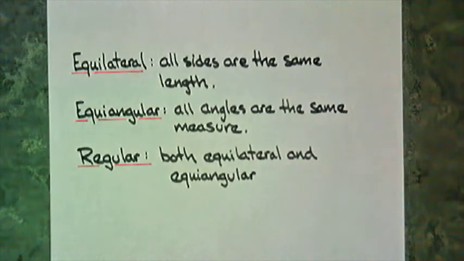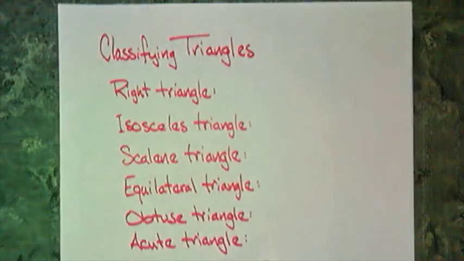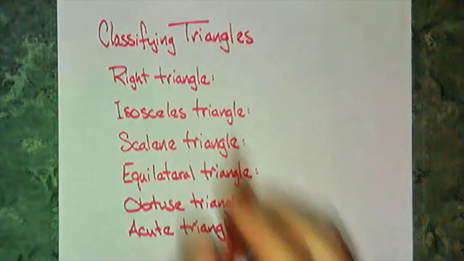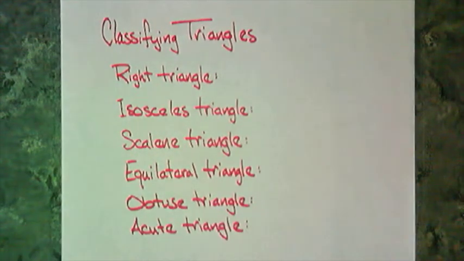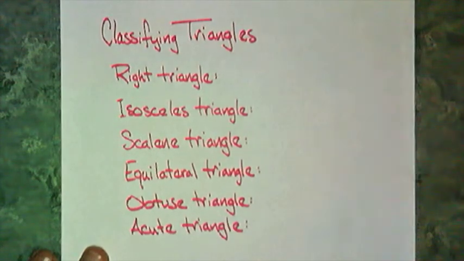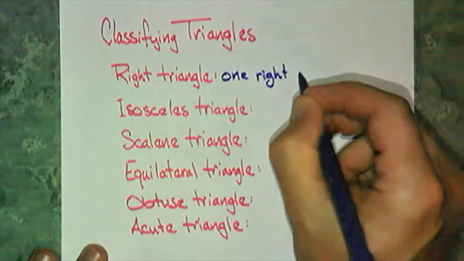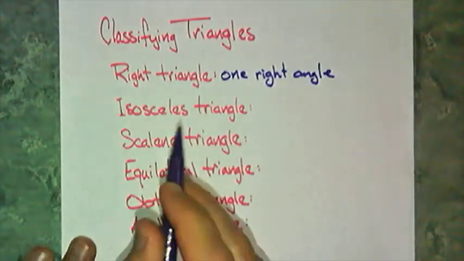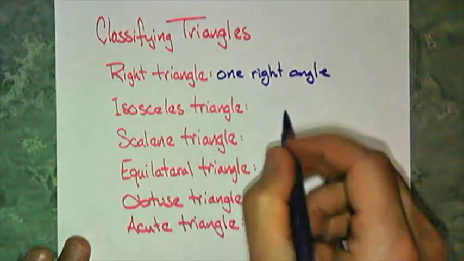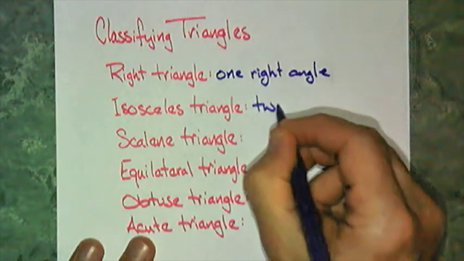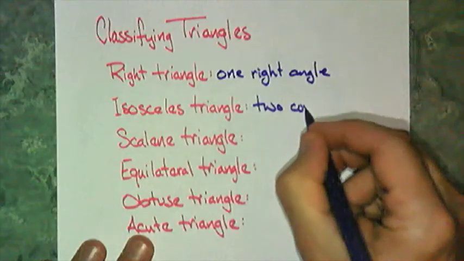And finally, we can talk about triangles, probably what you're most familiar with. We have a right triangle, which means that there is one right angle. An isosceles triangle has two congruent sides.